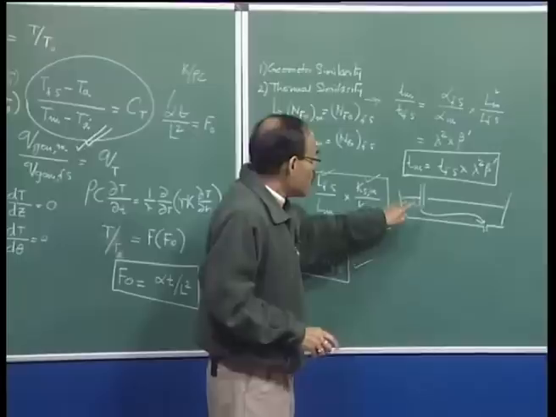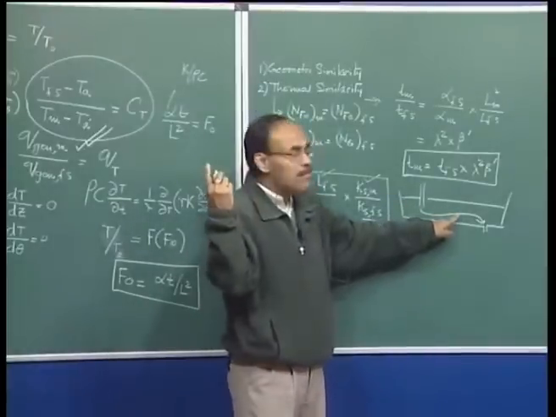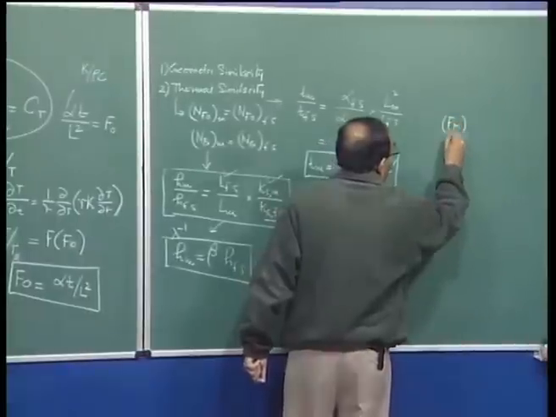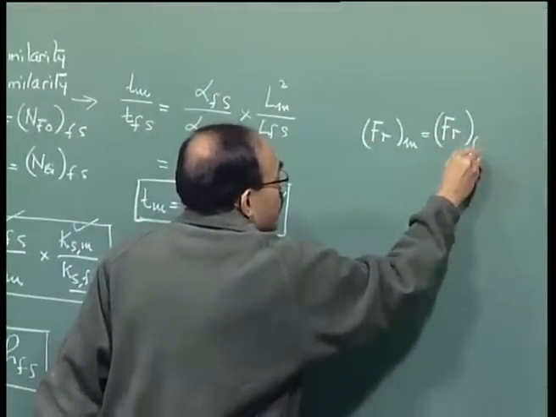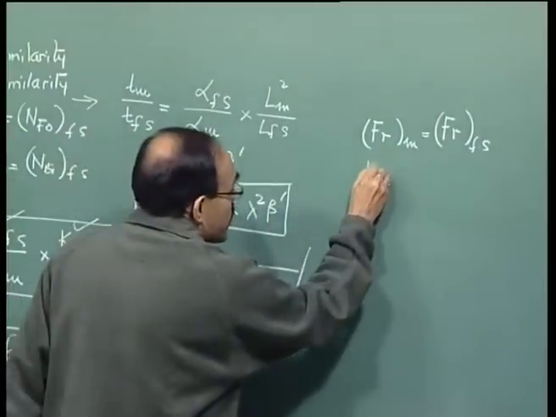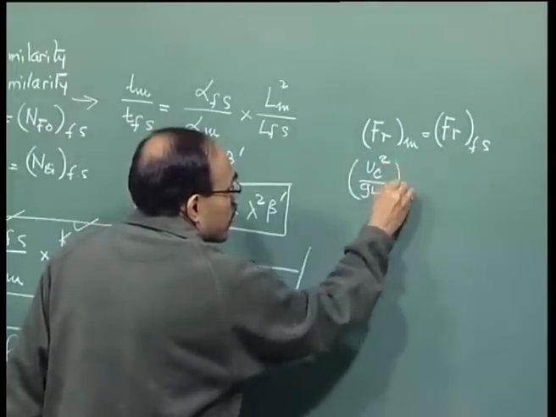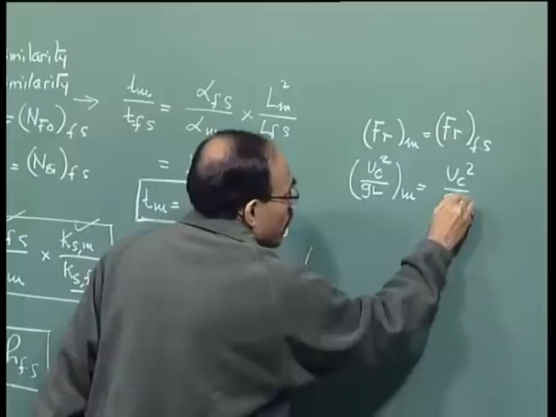So, dynamic similarity essentially in this case is going to be the same number. It is the Froude number equivalence. Froude model must be equal to Froude prototype full scale, and therefore, on the basis of this, what is the Froude number? We have seen Uc square by gL model is equal to Uc square by gL full scale.